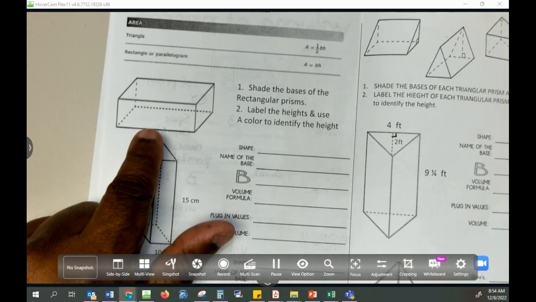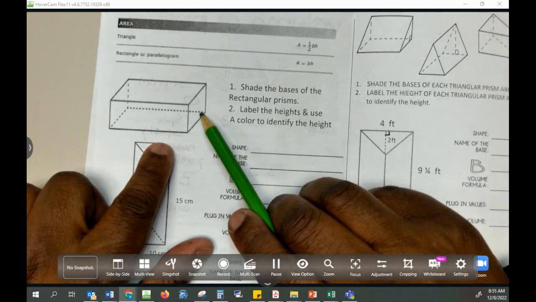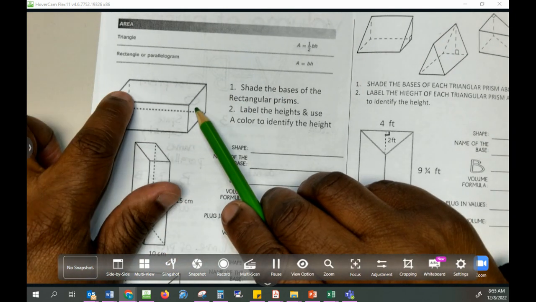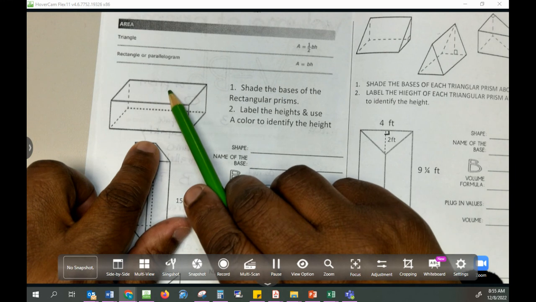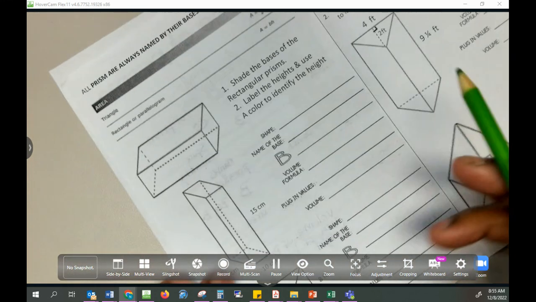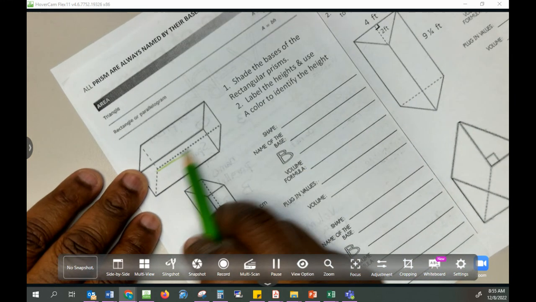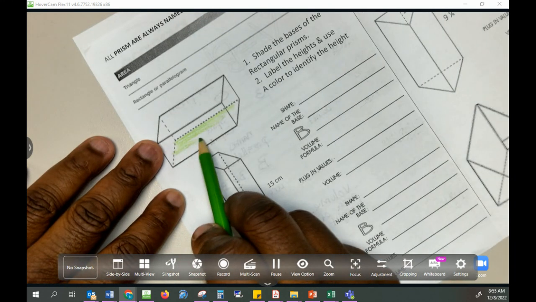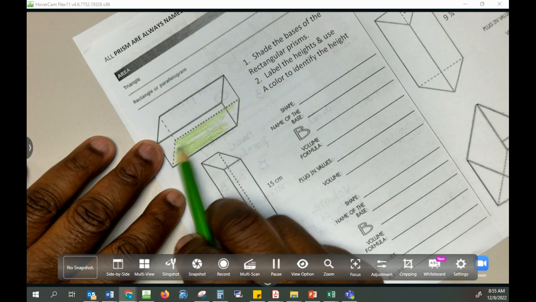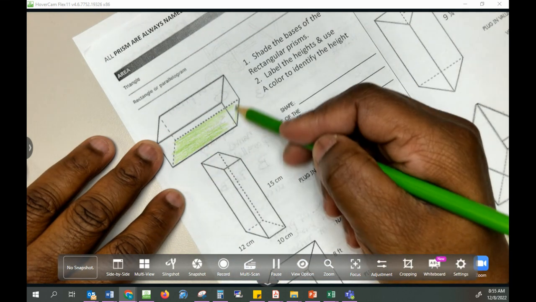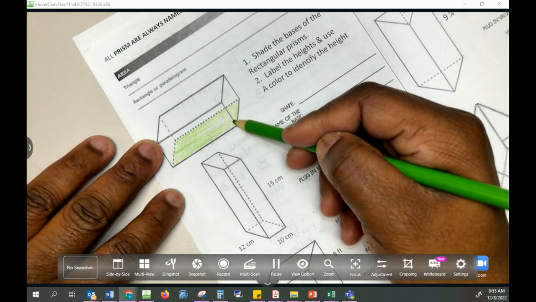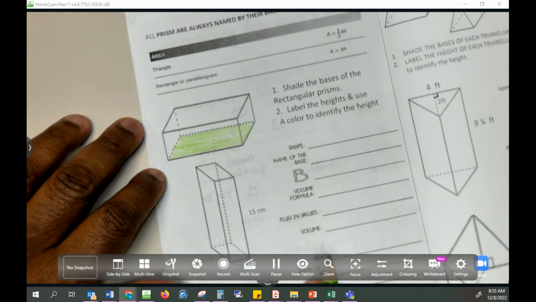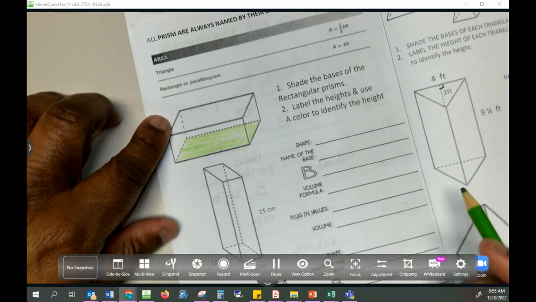So again, you determine the base. So for this one, I can choose to shade the sides as long as they're parallel, or I can shade up and below. So I'm just going to go ahead and just shade the below for this one. And remember, prisms have two bases.